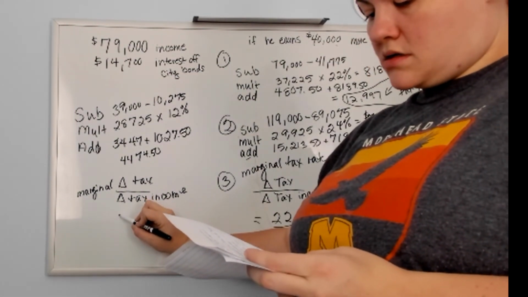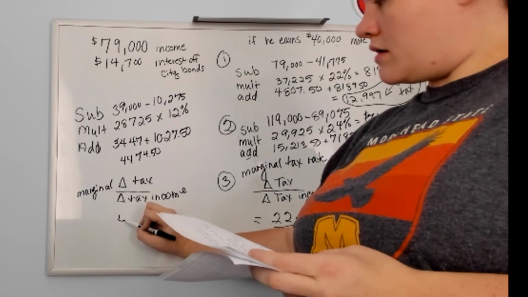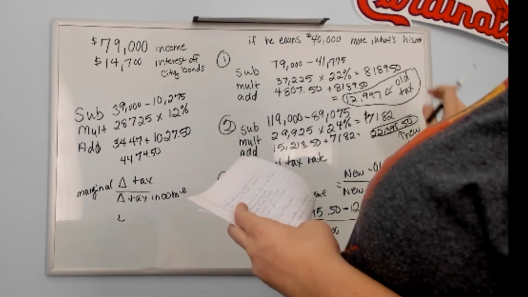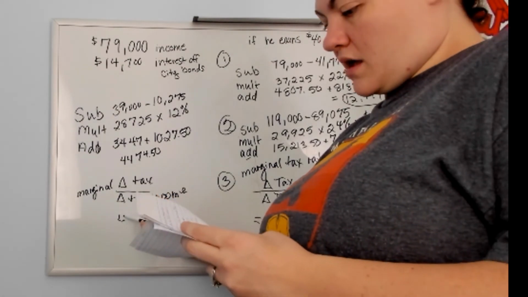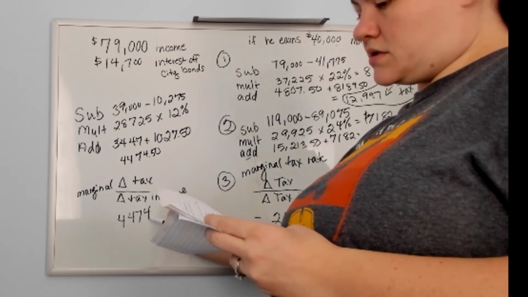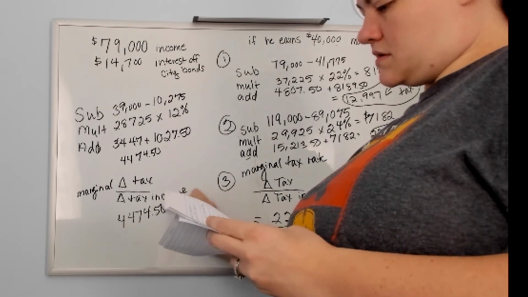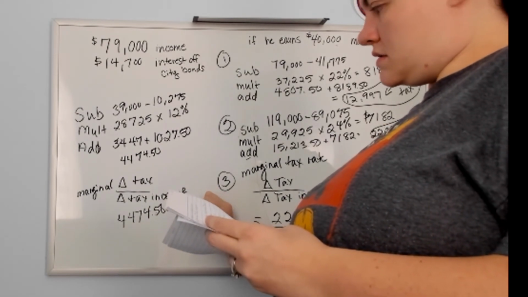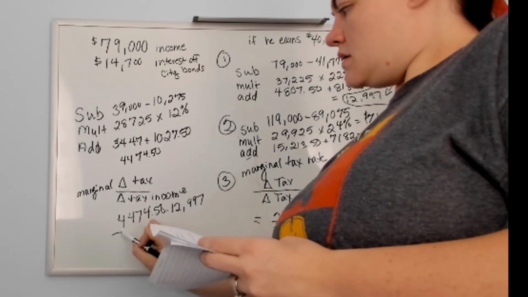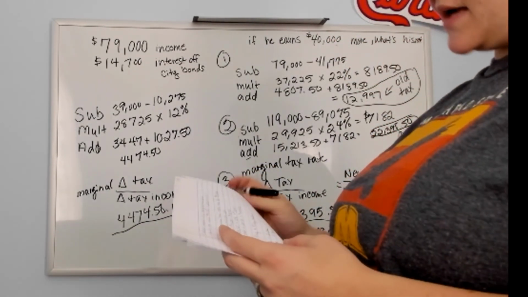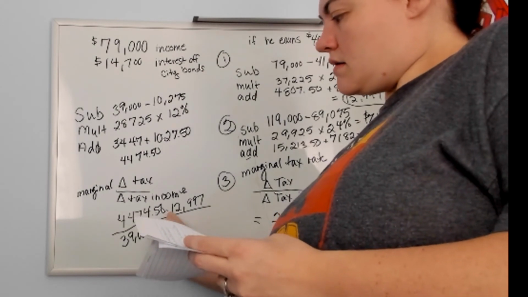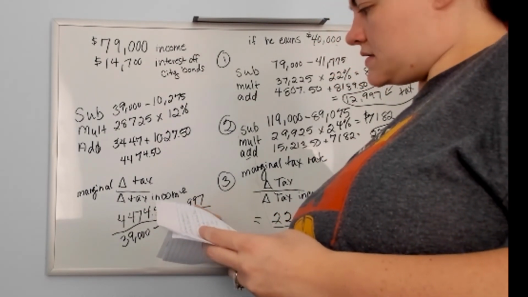But it'll be the new, which will be the $4,474.50, minus the $12,997. And then the taxable income change, the 39 minus the 79.